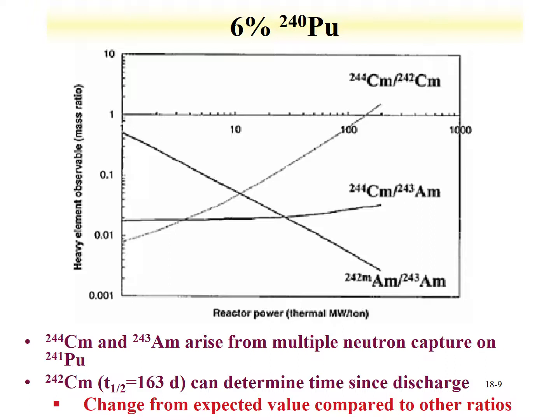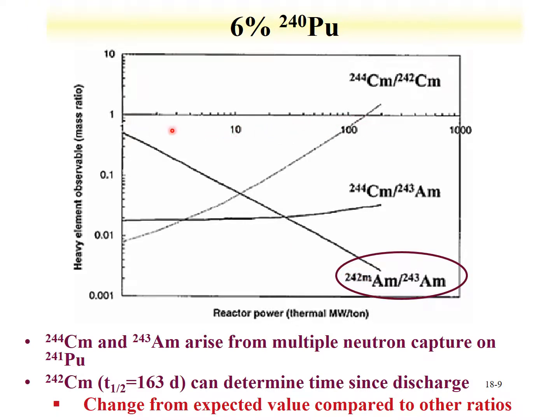An example of these isotopic ratios we've just discussed is shown here. If one looks at the americium isotopic ratios, and this is for 6% 240 in a sample with plutonium, we see that this ratio decreases as the thermal power increases.